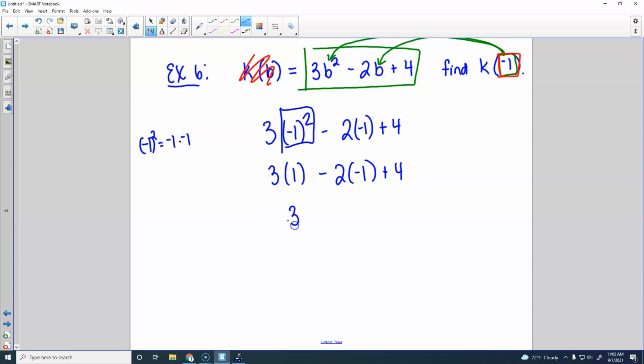Good. That's going to just give us 3. What's the next thing you would do after that? You're going to multiply this negative 2 and negative 1. What's that going to give you? So I like to take the sign in front of the 2, so this is negative 2 times negative 1. Negative times negative is positive, which means I'm going to put a plus instead of the minus there.